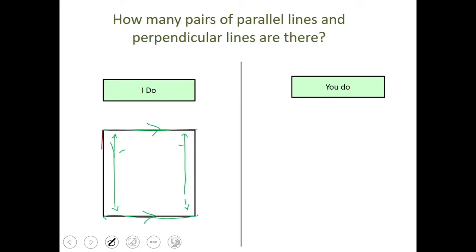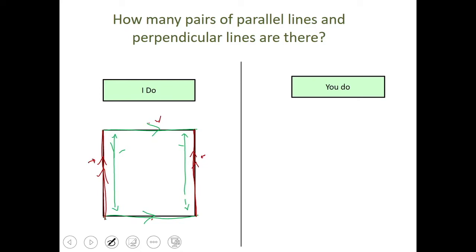And we know the distance between this line and this line will always be the same. So these two lines are also parallel. So I've drawn one arrow here just to show that this line is parallel to this line, and I've drawn two arrows here to show that this line is parallel to this line.